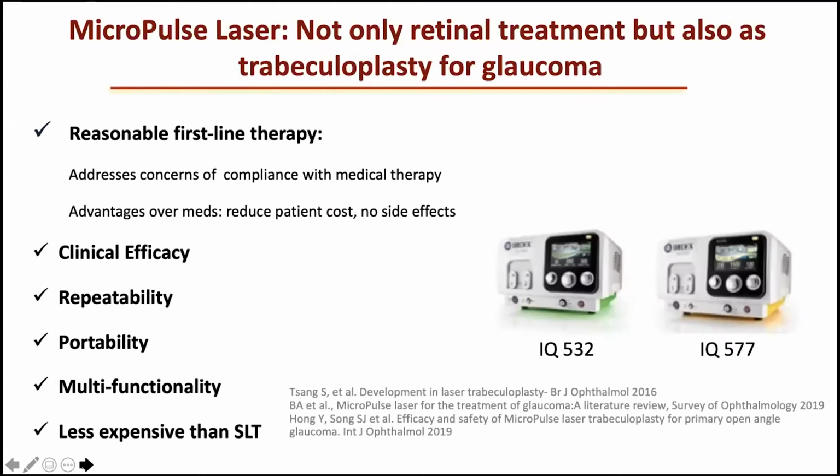So the micropulse laser is not just for the retinal treatment, but it can also be used as the trabeculoplasty for glaucoma. Recent papers have shown that it can be considered a reasonable first-line therapy with its clinical efficacy and repeatability, and that it is also less expensive than the SLT treatment.